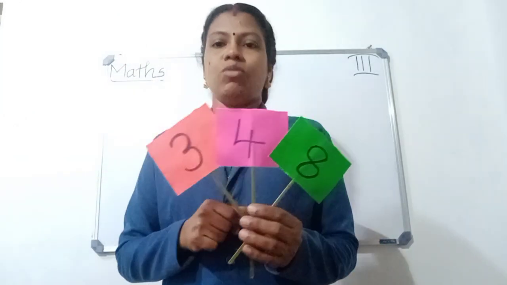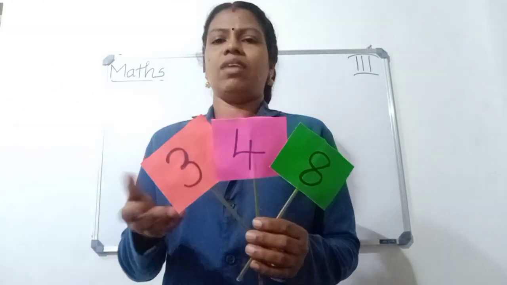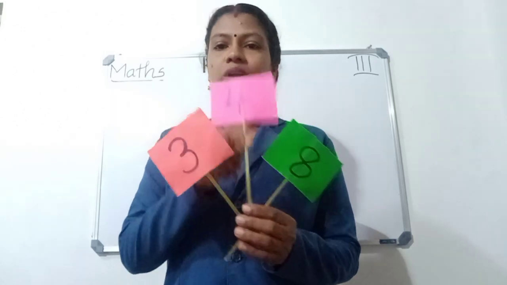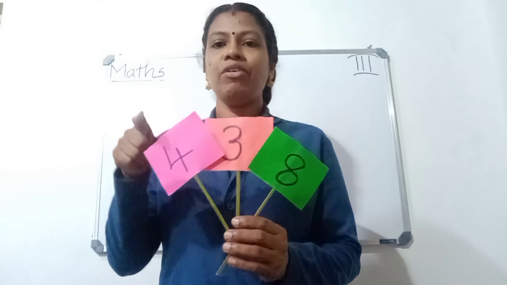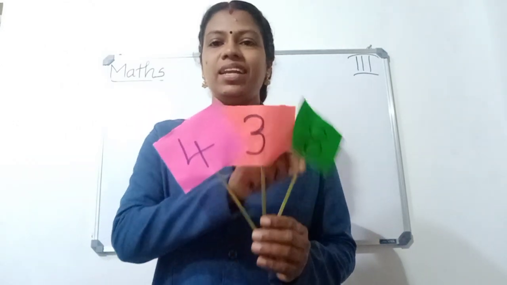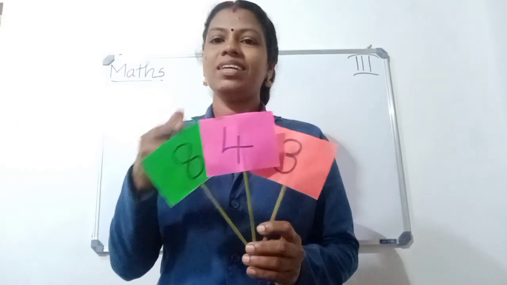348 is one number. The same way we can say other numbers. First 4 comes, it will make a number. So what's the number? 4, 3, 8. Then first 8 comes, it is another number.